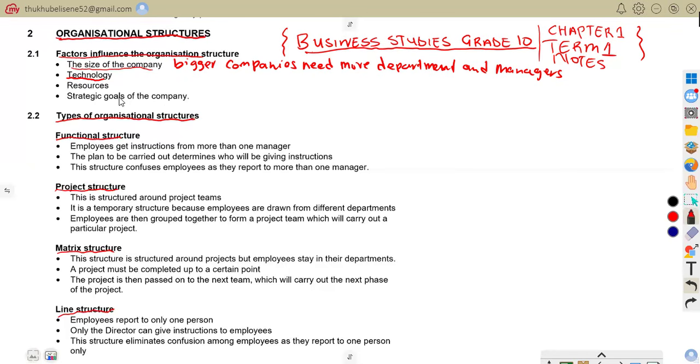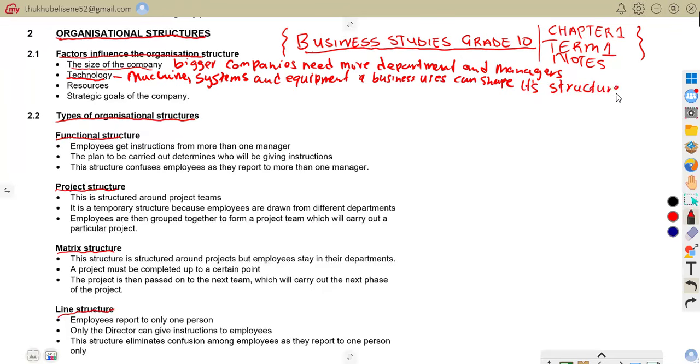The machines, systems, and equipment a business uses can shape its structure.